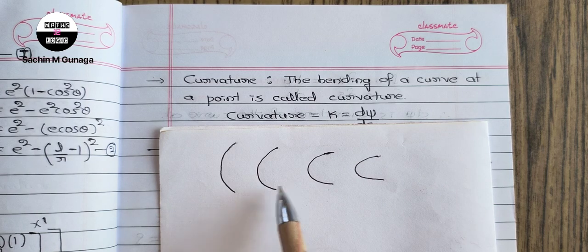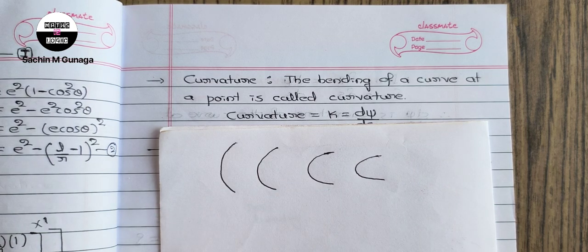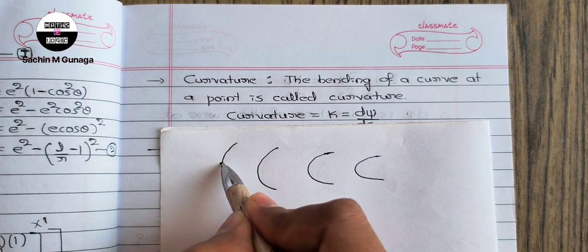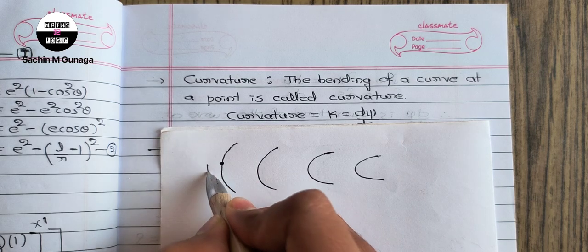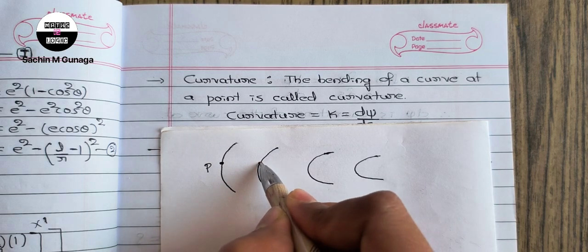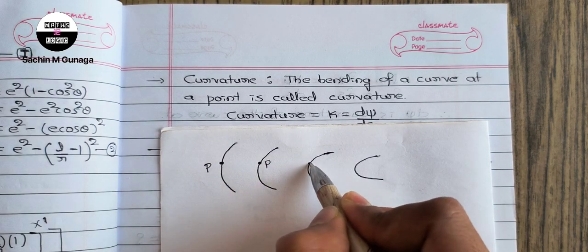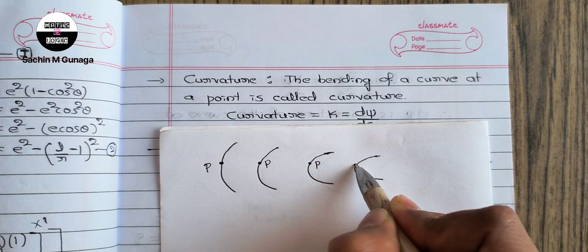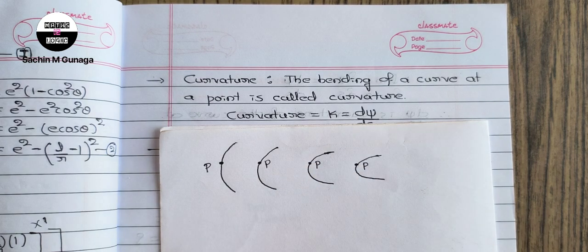So these are different curves. The first curve passes through this point P, point P, point P and point P.